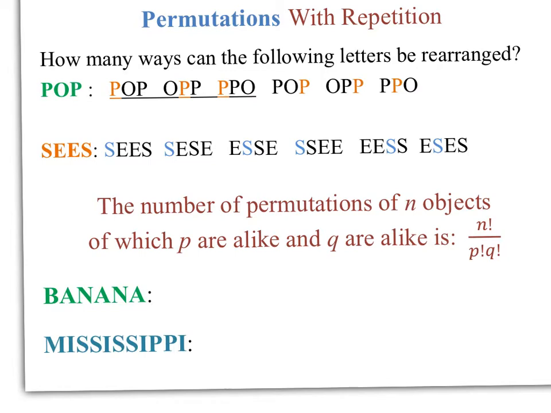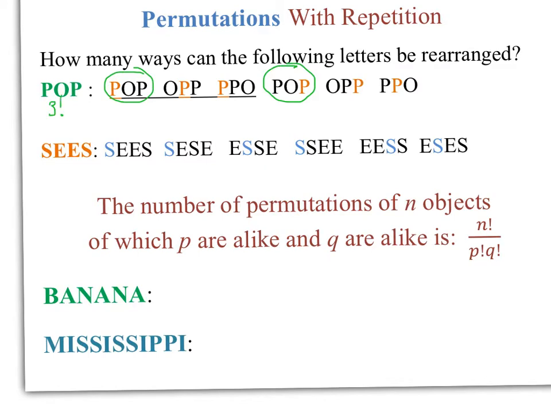So when I start to rearrange these different letters, I left one of the P's a different color to show that even though you have this ordering here, P-O-P, which looks the same as this ordering, the P's are in a different place, but it's still the same P, so it really counts as the same ordering.